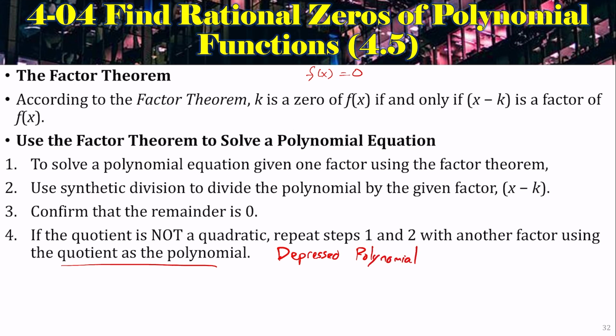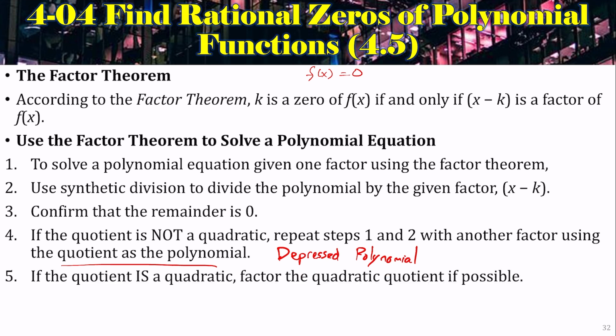So you're going to use the depressed polynomial for the second time around, and the third time around it'll be smaller and smaller as you get rid of factors. Eventually your quotient, or the depressed polynomial, will be quadratic, which you can factor. And then to get the zeros, you set each factor equal to 0 and solve for x.